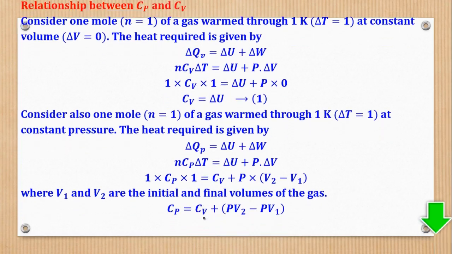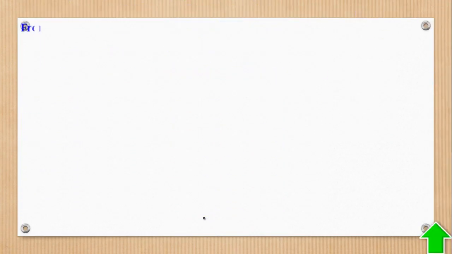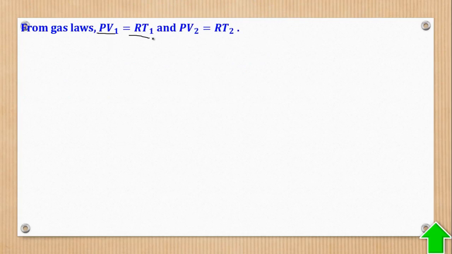Then I remember from the gas law that PV1 is equal to RT1 and PV2 is equal to RT2. Now, usually it is PV equal to nRT, but now we are not putting the n. It is just RT.